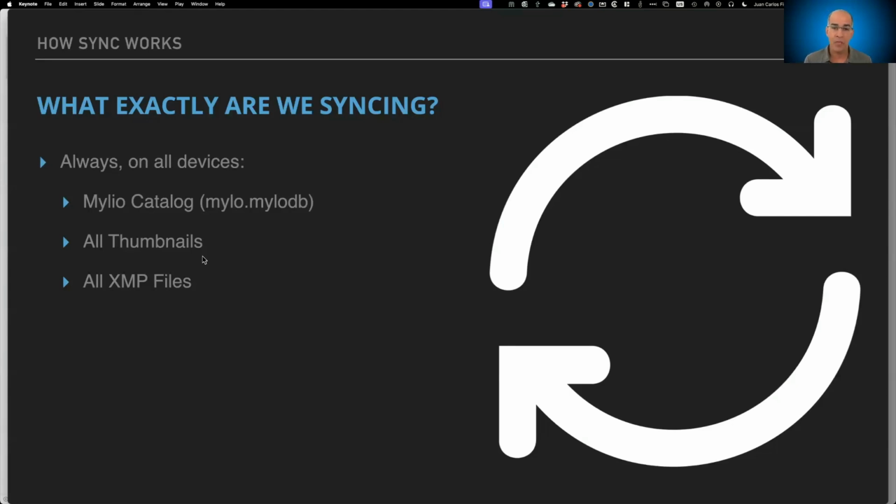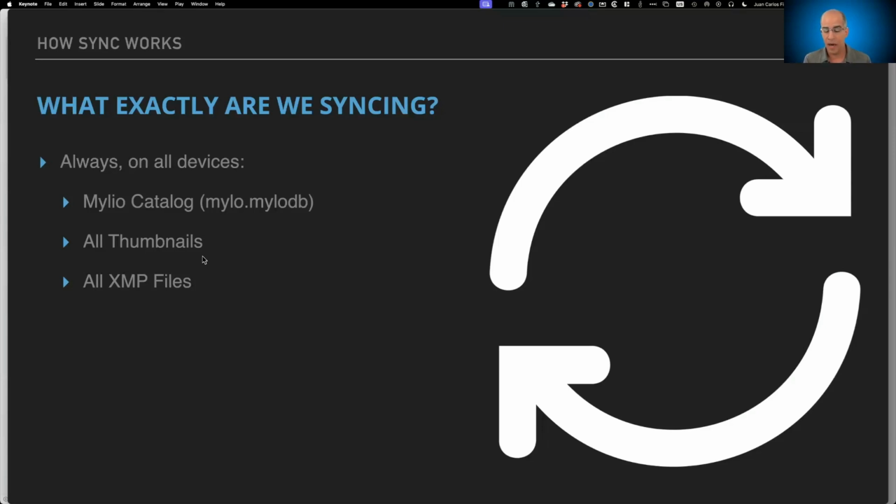Mylio is designed to be a non-destructive application, meaning that everything you do in Mylio can be reverted. We never, by default, go to the original file and modify it. We write all the changes to a sidecar file. That's the XMP.